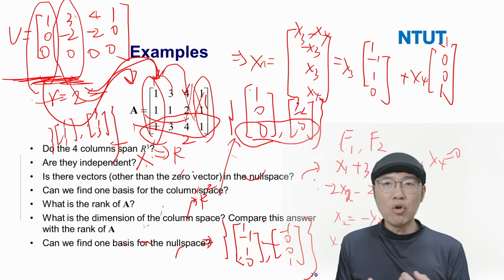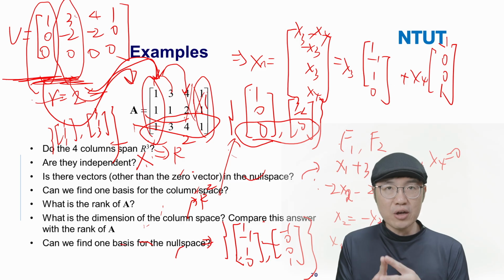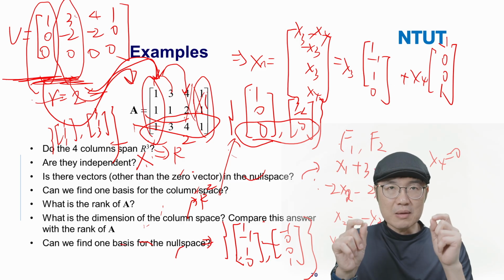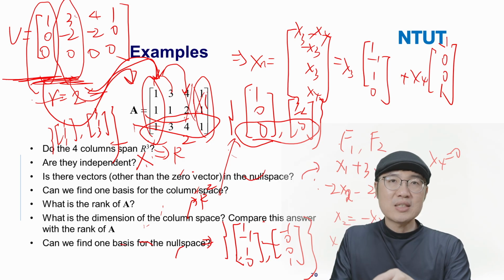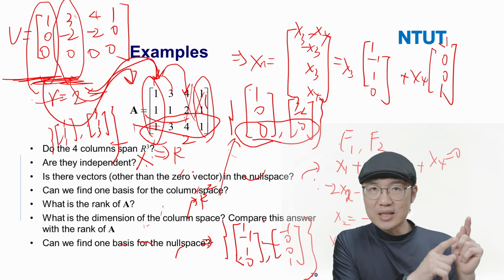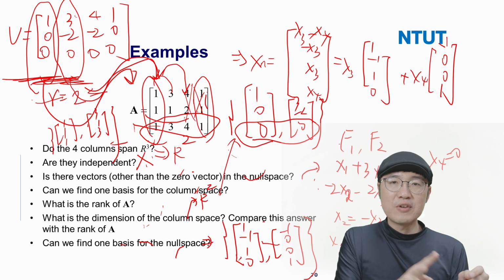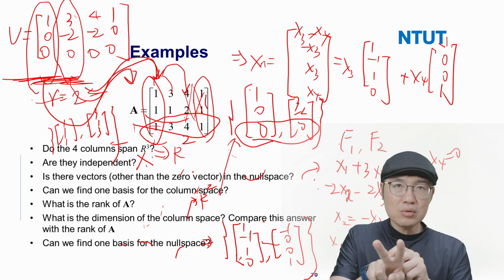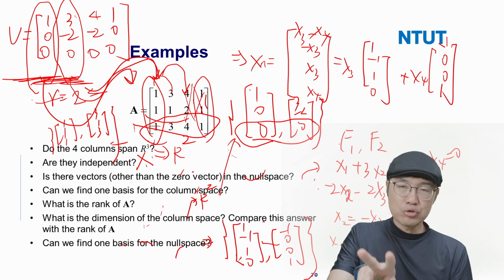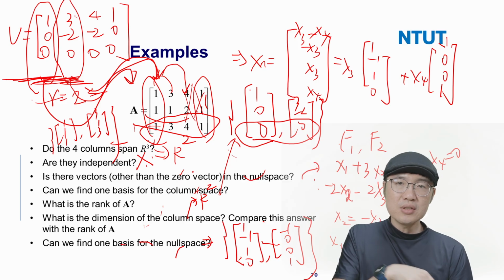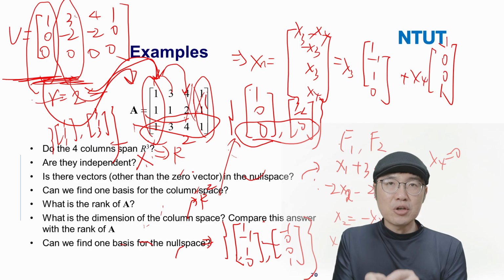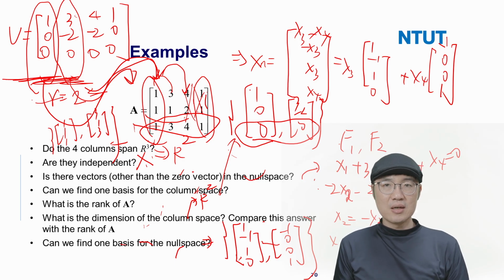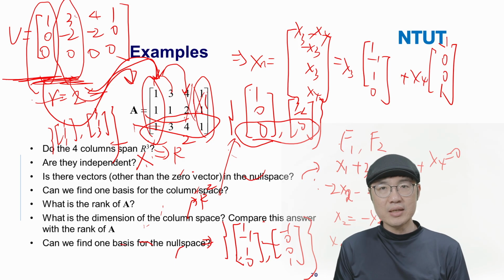So the goal of U is to tell us the independent structure, which will be the same as the independent structure in A. So if the two vectors in U are independent, including the first one, 1, 0, 0, and the second one, 3, minus 2, 0, the associated columns in A must also be independent.